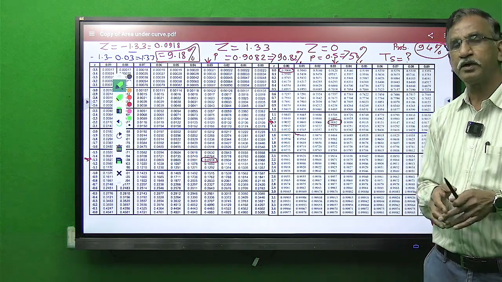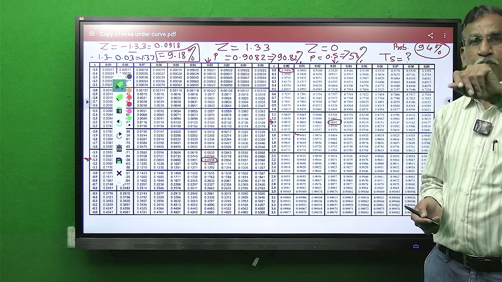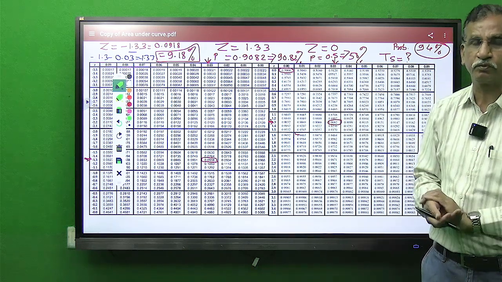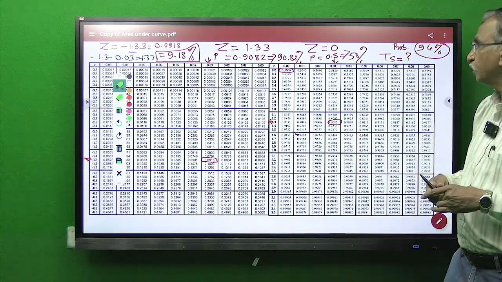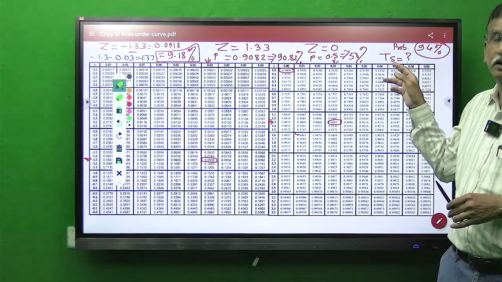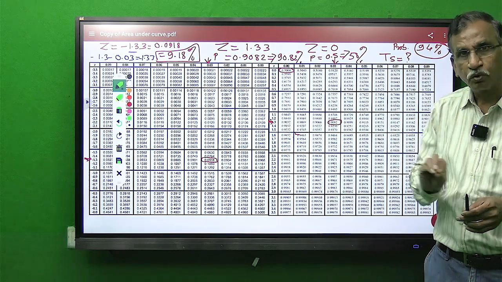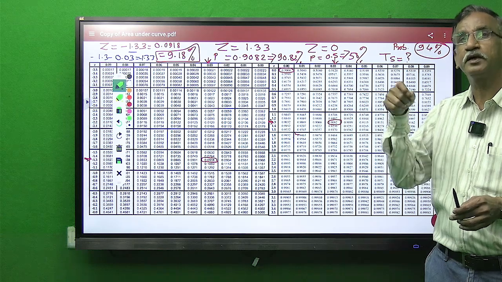The technical, correct method is to interpolate the values, take two values and find the mean. But instead, if this is not available, the general method adopted is you go for the closer value of the probability given.